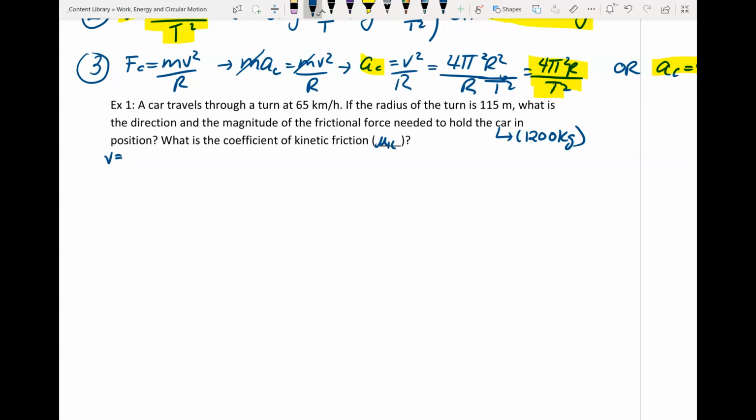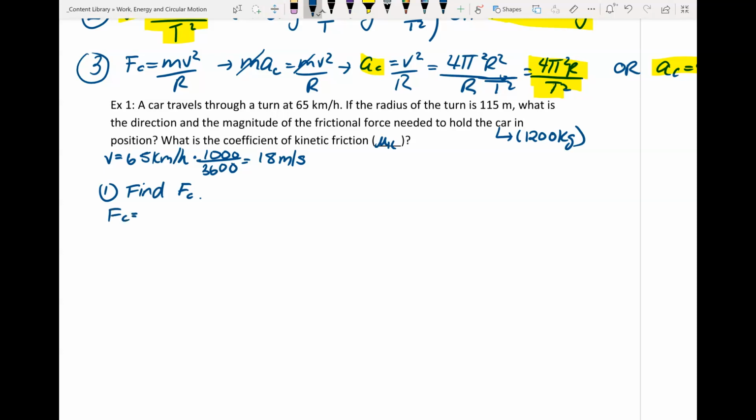Velocity was given to us in the question, but it's in the wrong units. It's in kilometers per hour, but we do need this in meters per second to use our equations. So I'm going to multiply this by 1,000 and divide it by 3,600, which gives us 18 meters per second. Then we're going to find our centripetal force.